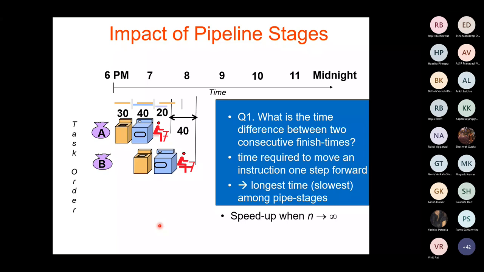You cannot have a speed up which is more than threefold in this particular example, because you have only three stages. So in this particular example, if n tends to infinity, you can calculate that it will become 2.25. It can never exceed 3. If all the pipelines are balanced, equal size, and there is no pipeline overhead, then it would achieve 3.